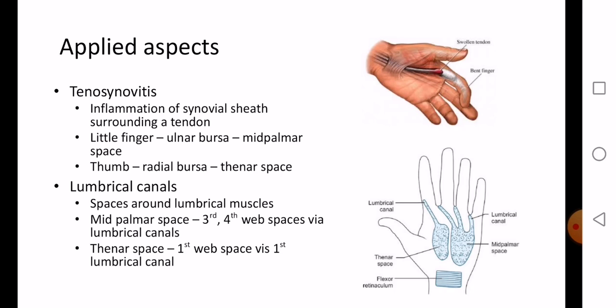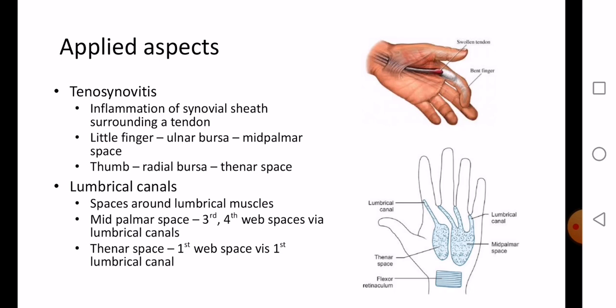Now I mentioned lumbrical canals earlier when we talked about the mid-palmar space and the thenar space. Now what are these lumbrical canals? They are spaces around the lumbrical muscles. The mid-palmar space communicates with the third and fourth web spaces via the lumbrical canals, whereas the thenar space communicates with the first web space via the first lumbrical canal.